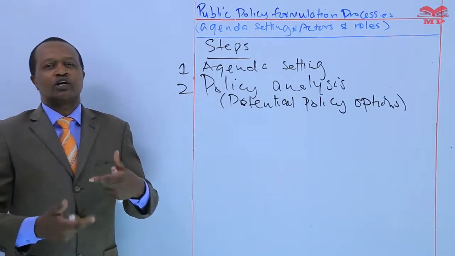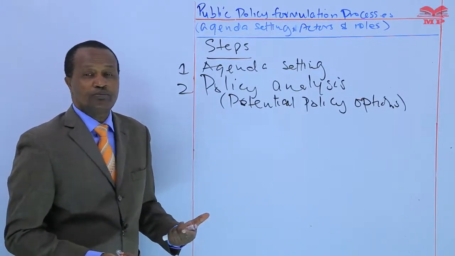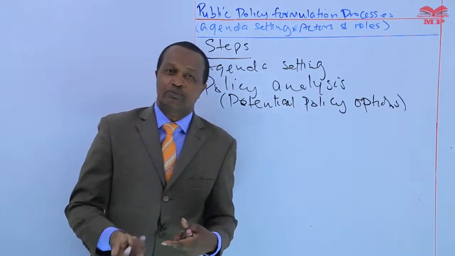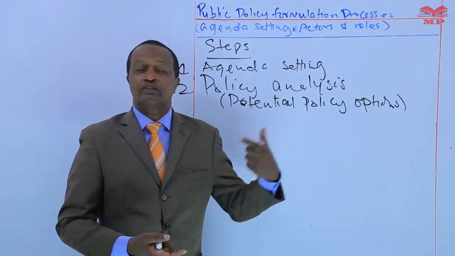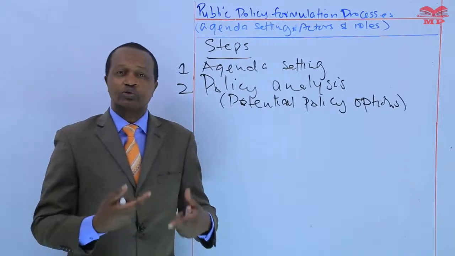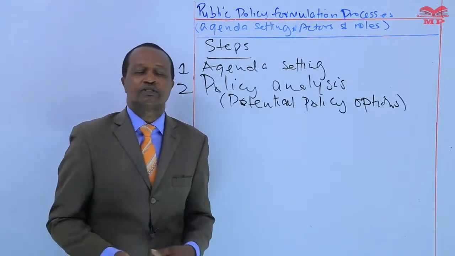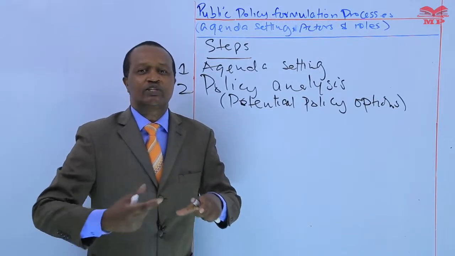This may involve considering various policy instruments. You recall previously we talked about policy instruments, which are tools that the government may use to address problems in the society or community, like laws, programs, resource allocation, and all that. Those are policy instruments.